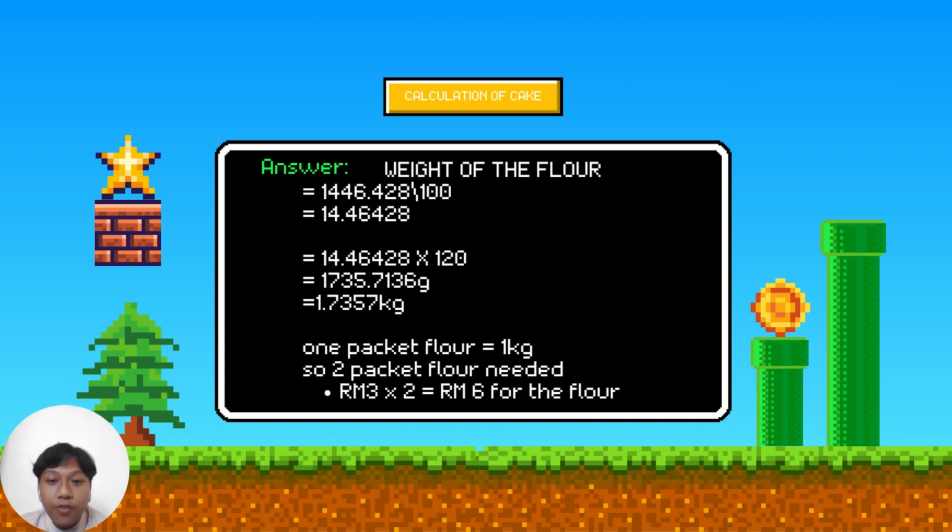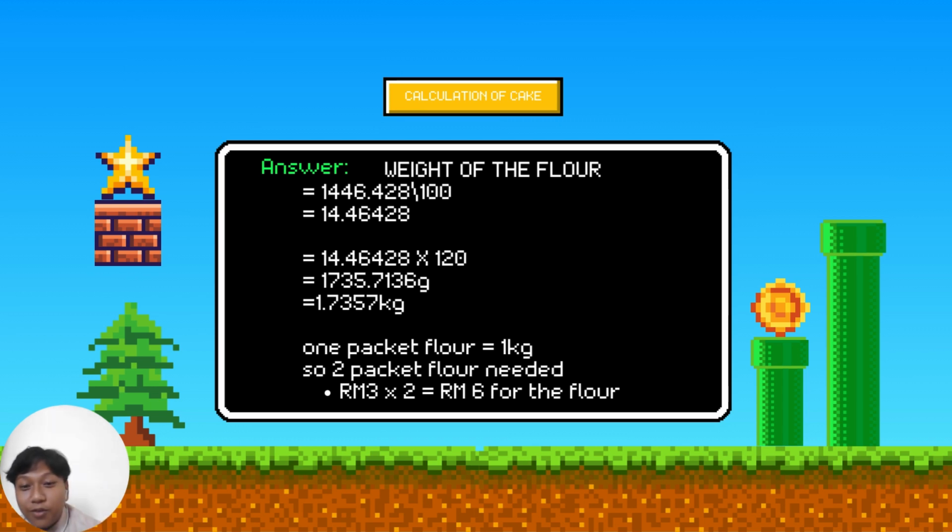Then 14.46428 times 120 equals 1735.7136 gram. So I'm going to change it to kilogram. It becomes 1.7357 kilogram. So one packet of flour is 1 kilogram.